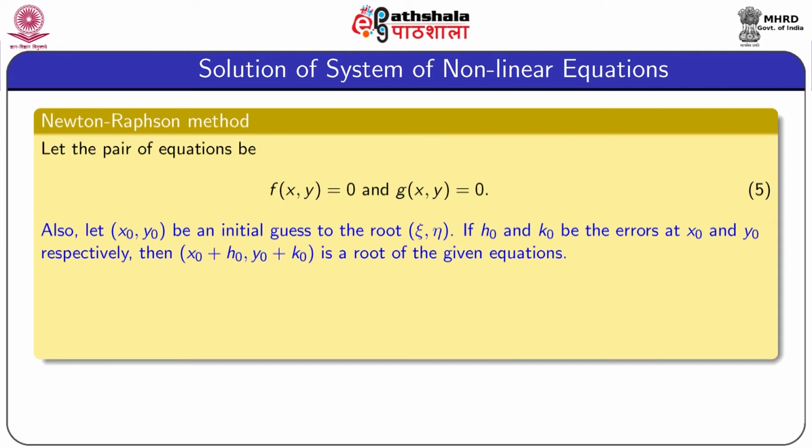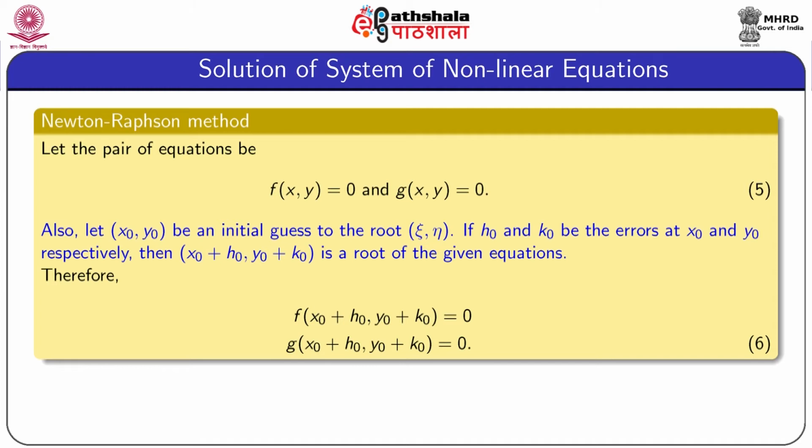Since x0 and y0 are an approximate root or initial guess, and if h0 and k0 are the corrections, and if the corrections are exactly evaluated from any method, then x0 plus h0 is the exact value of x and y0 plus k0 is also the exact value of y. But if these two values are not exact, then x0 plus h0 is an approximate value of x, and similarly the second one is the approximate value of y.